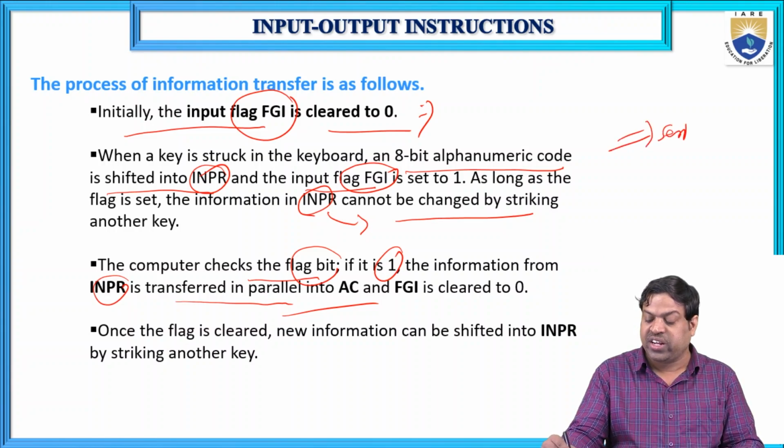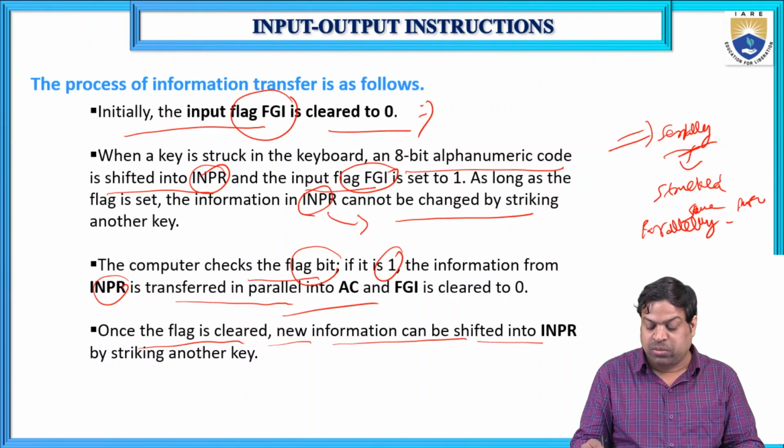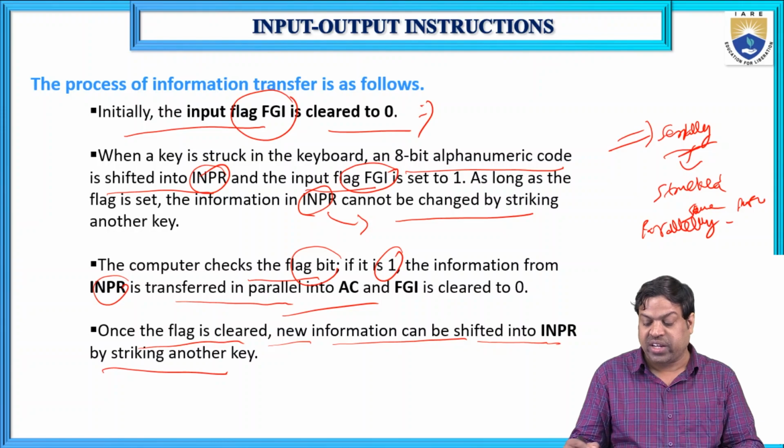Already we discussed serially, but here what will happen? Already some information is struck. So what will happen now? We have to go not serially, we have to go parallelly to transfer the data. So the flag is cleared, and new information can be shifted through the INPR register by striking another key.